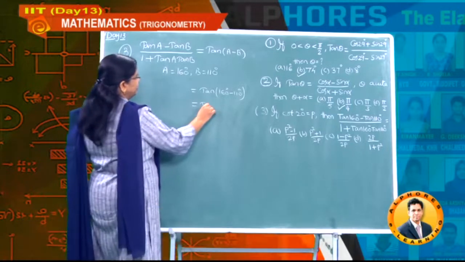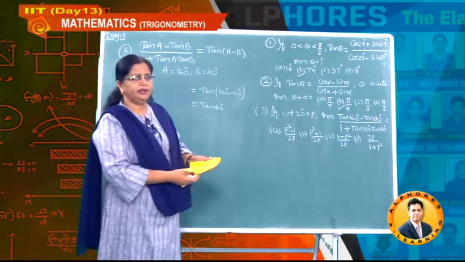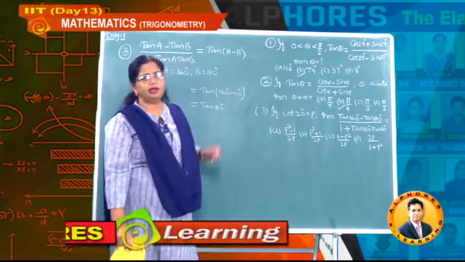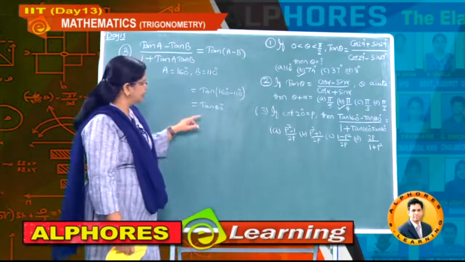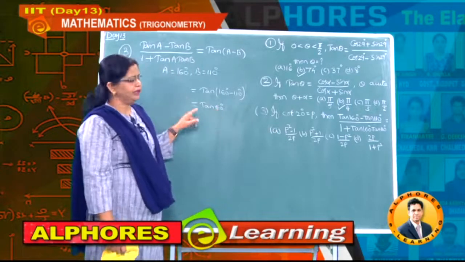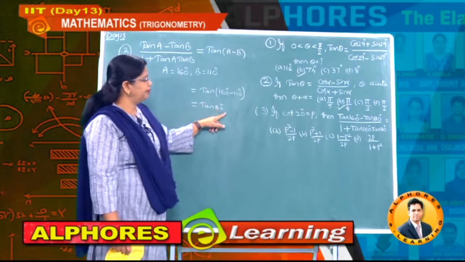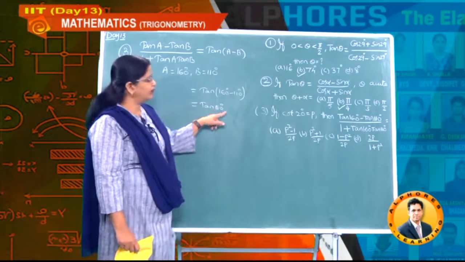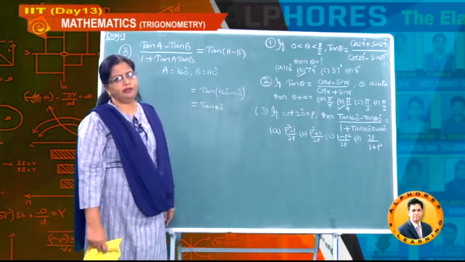It is tan 50 degrees. But what is the given value here? Cot 20 degrees equals P, and the options are like this. If I write tan 50 degrees as 30 plus 20, then tan of (A plus B) will make the complete problem complicated.